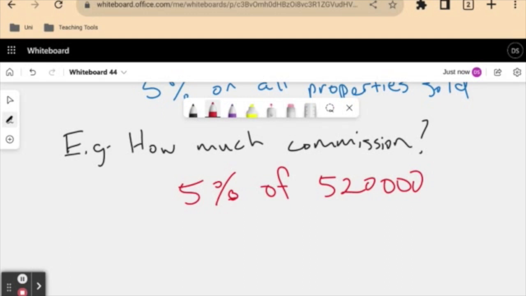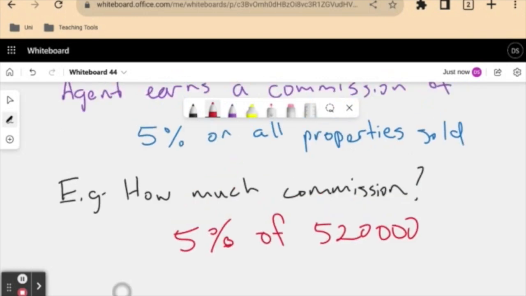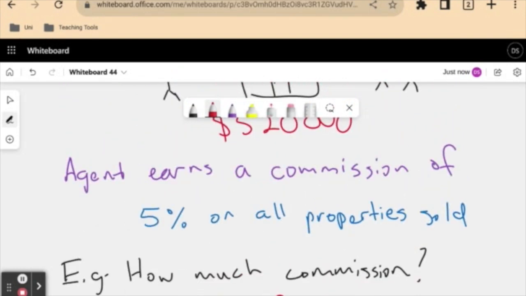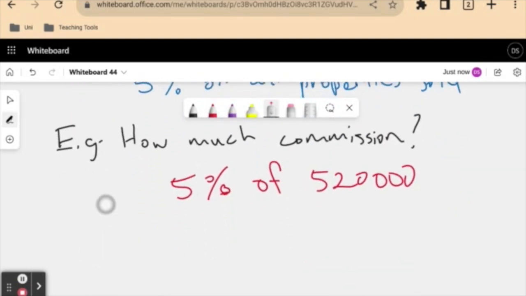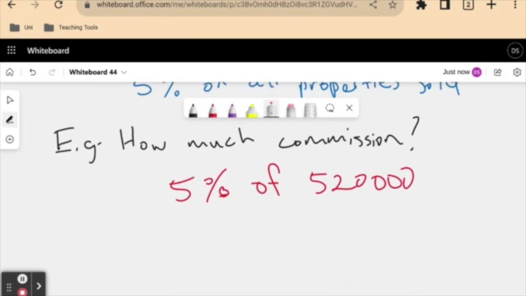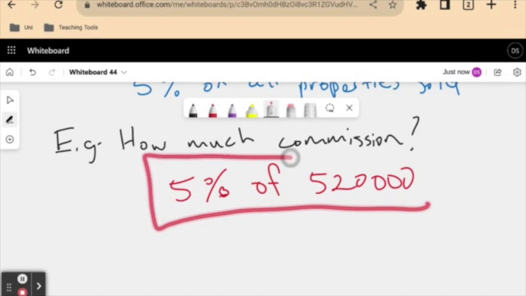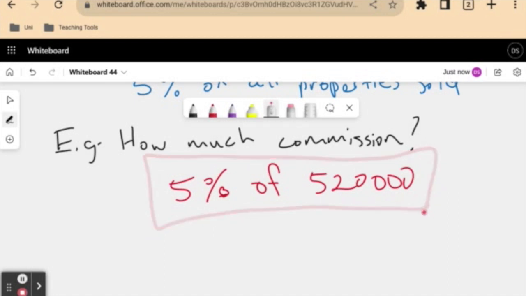But all we're doing is extracting the information from the question. We're given that a person makes 5% on all properties sold, and we're given a price the property is sold for. So how much commission did this person make for this thing sold? And we're just asking this question here, which we are comfortable with.